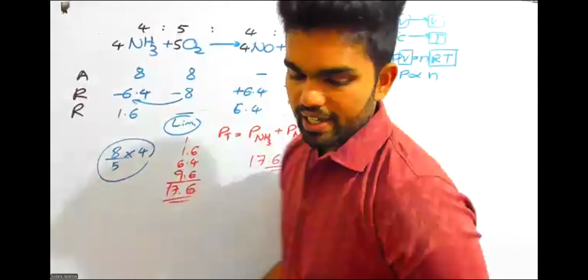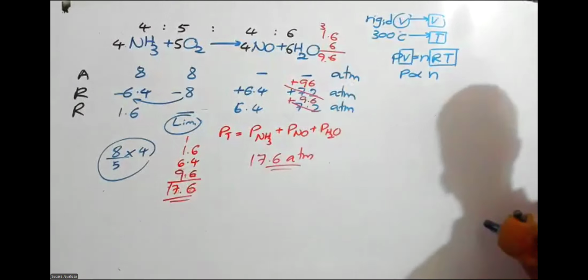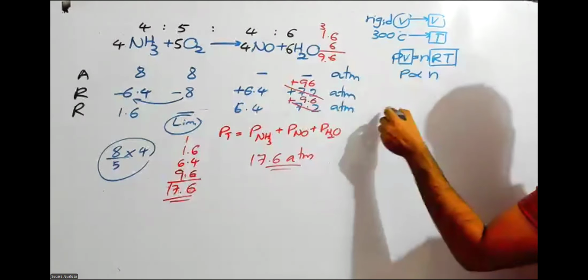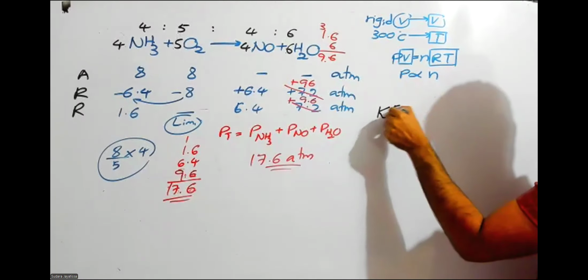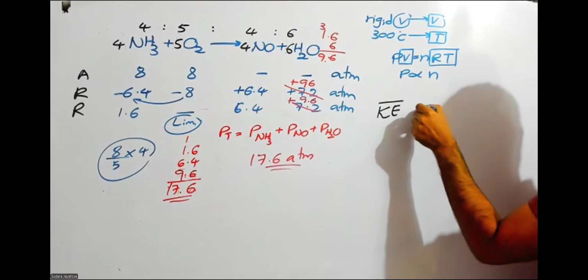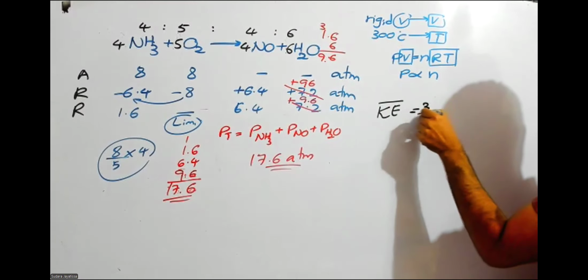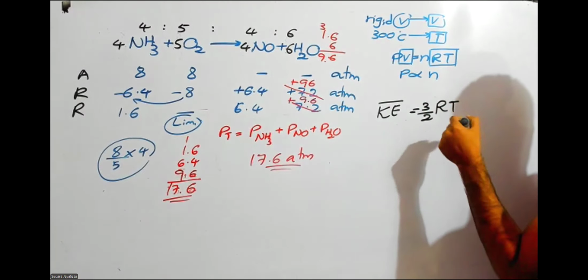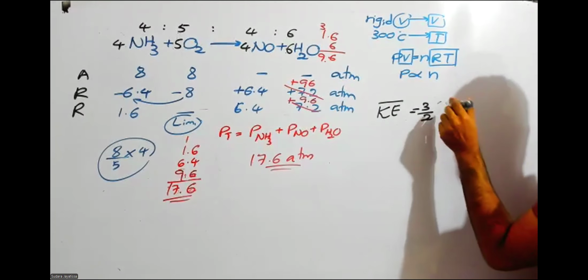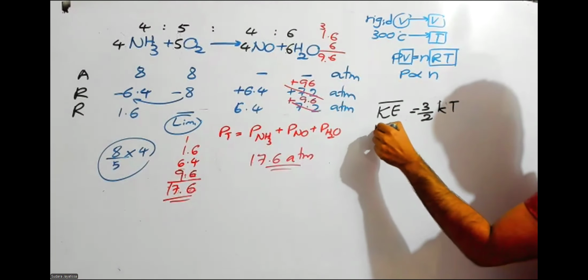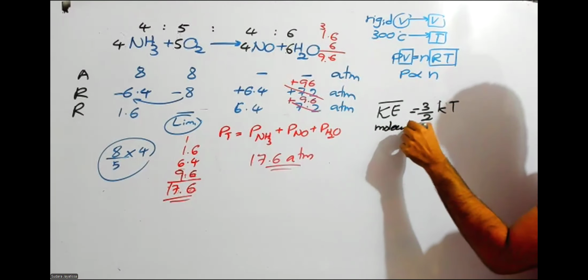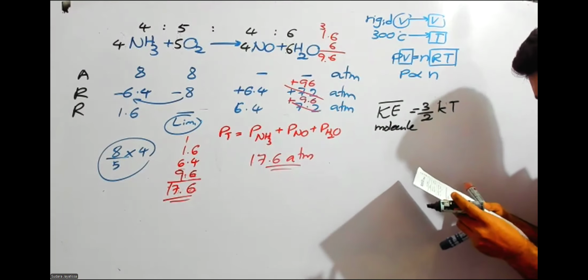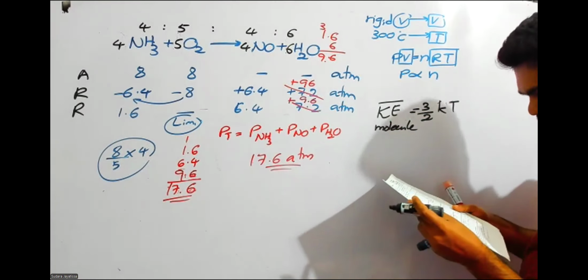So about ideal gases, we have kinetic molecular theory. In that kinetic molecular theory, last point is about this average kinetic energy. It is equal to 3/2 RT. Okay, RT for mole and kT for molecule. k is the Boltzmann constant. Remember this one? So then according to this, mean square speed.